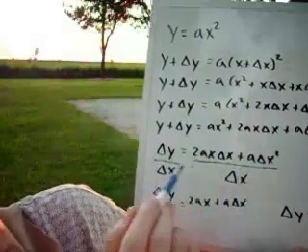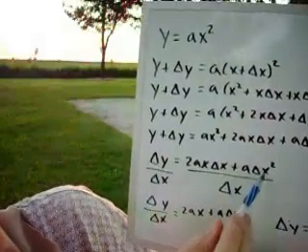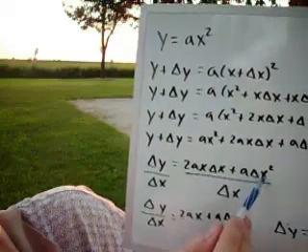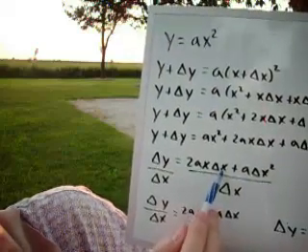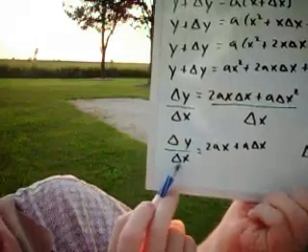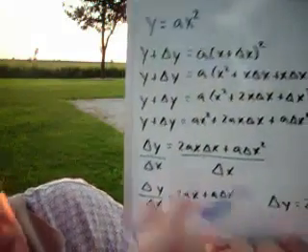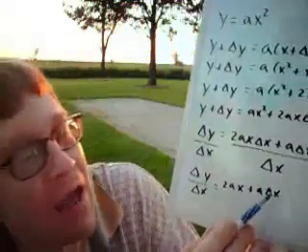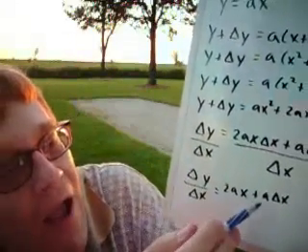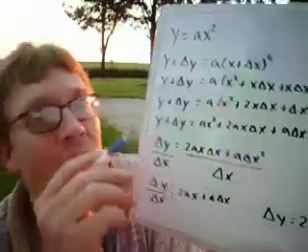Now, if we divide both terms by delta x, we're going to remove one power away from this, and we're going to remove this completely. And that makes delta y over delta x equaling 2ax plus a delta x. And, of course, if we make delta x here 0 on both sides, delta y over delta x equals 2ax. Exactly what you're supposed to get.